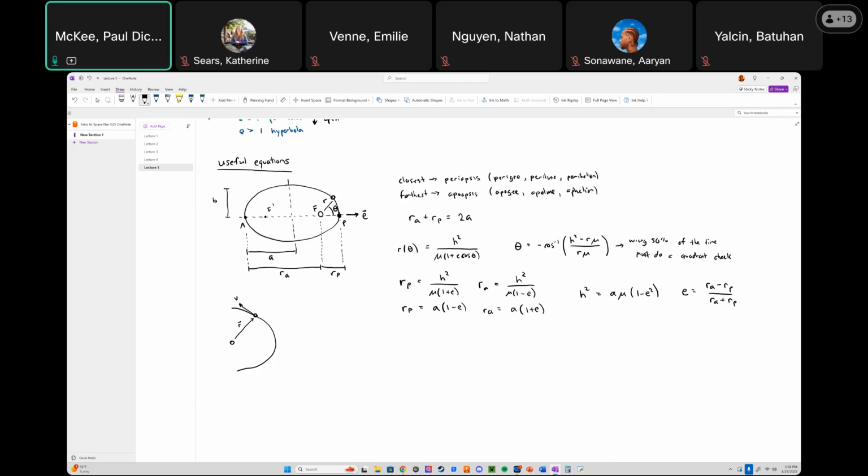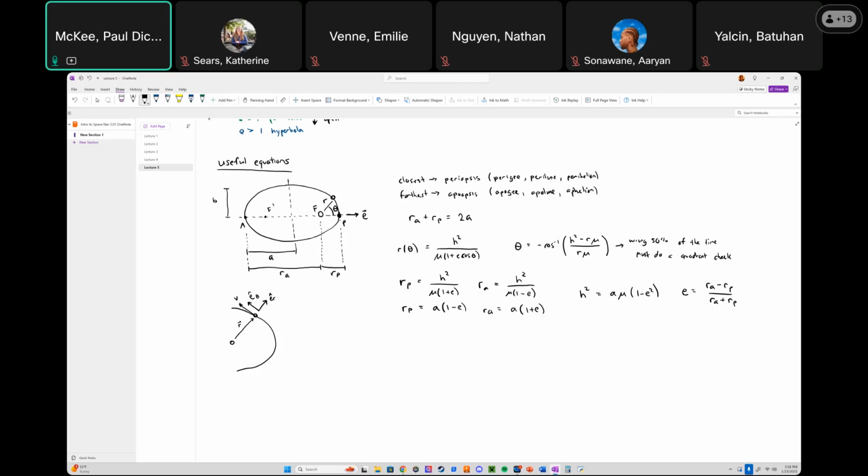Well, I'd also like to introduce a new reference frame, which I'm going to call the orbital reference frame. Now, the orbital reference frame has one vector, the e_r direction, pointing along the radial vector, and then the other one, e tangential or e theta, pointing in the direction of increasing theta.